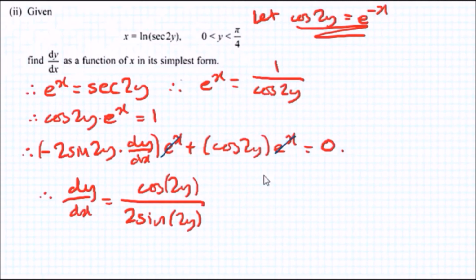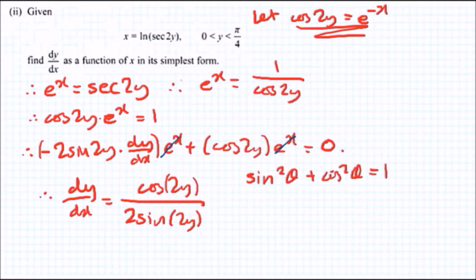Now, do you remember earlier when I said let cos 2y equal e to the negative x? Well, this is going to be useful. Now we can finally find what sin 2y is in terms of x, because we know what cos 2y is. The fastest way to do this is to use the most popular trig identity: sin squared theta plus cos squared theta equals 1.